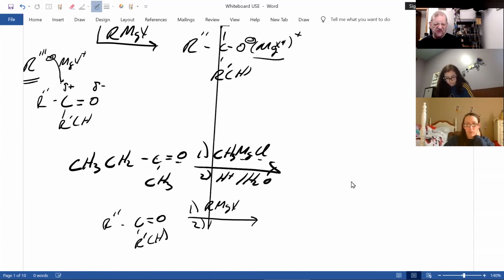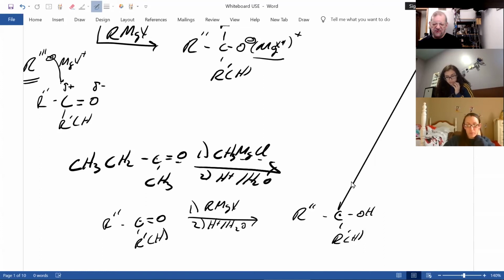Second step, acid and water. And keep your eye on the carbonyl carbon. What's attached to it is still attached to it. This opens up to an alcohol.